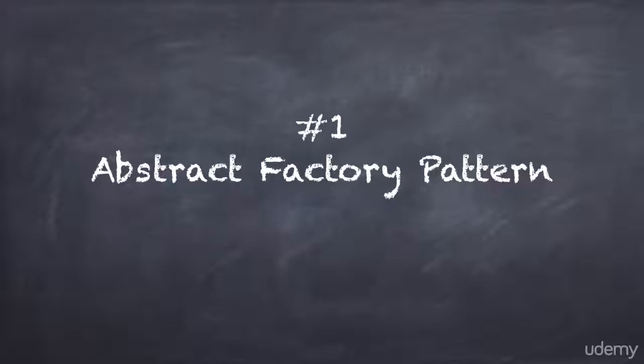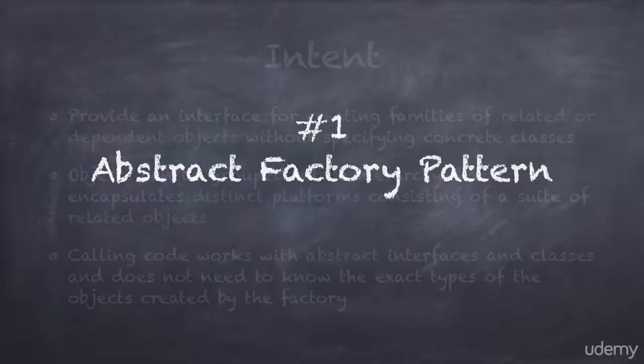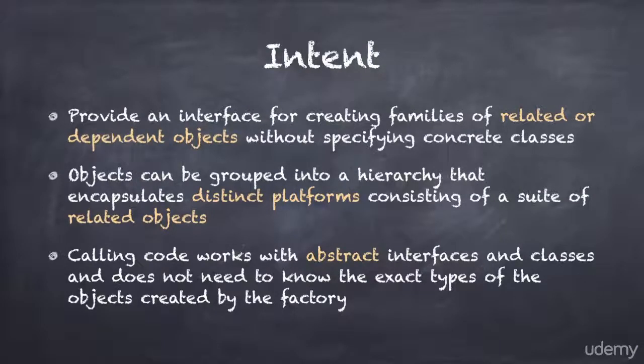The abstract factory pattern is a good choice when you are trying to accomplish the following. You want to provide an interface for creating families of related or dependent objects without specifying their concrete classes.